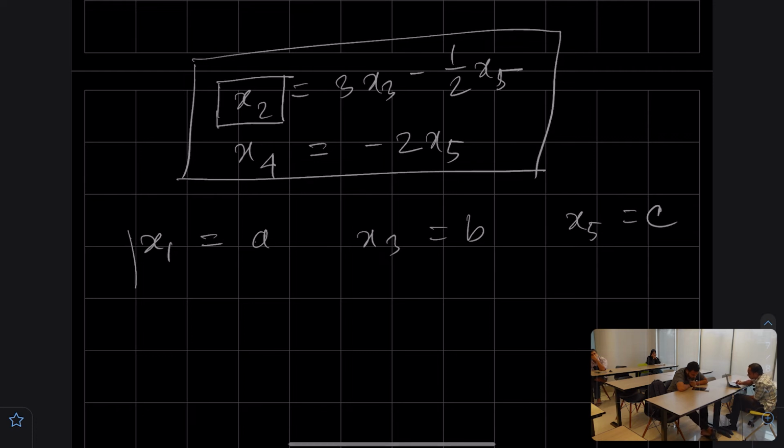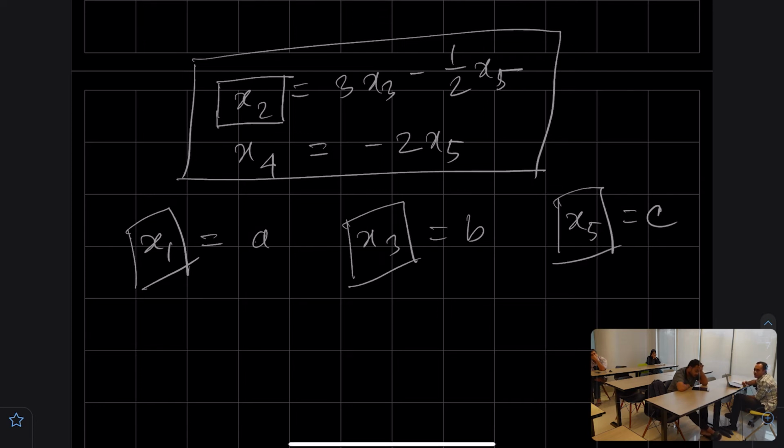I can choose any arbitrary entries from the field. They are free to take any value. That is why they are called free variables.